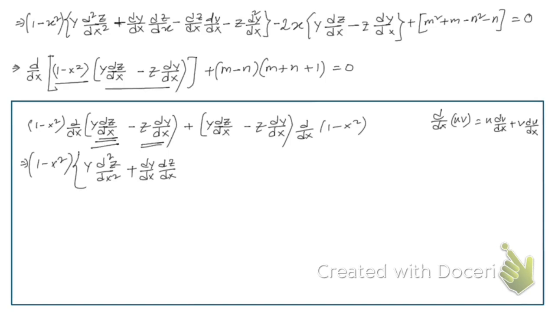Now we have this part, minus the first function, that is z, and the derivative of the second function, the second order derivative of y with respect to x. Then again it's supposed to be plus, but here we have minus, so it's going to be minus the second function, that is dy by dx, and the derivative of the first function, that is dz by dx, right? That's what we're going to have.